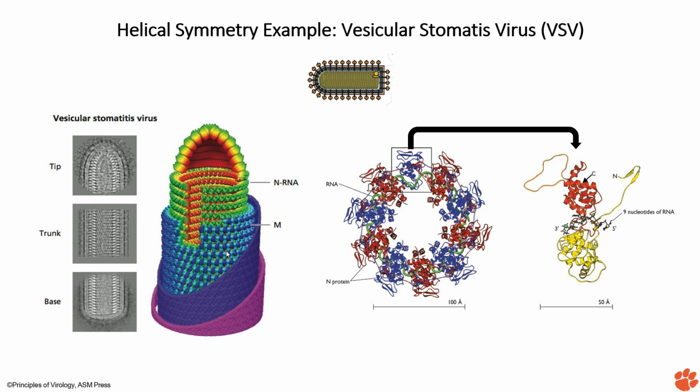You can use some mild detergent to dissolve the membrane, and you get the vesicular stomatitis virus inside core, surfaced with the matrix protein. Now, if you use high salt concentration, the matrix protein actually comes off. Because you know the interactions are electrostatic; with charged sodium chloride, the electrostatic bondings and hydrogen bondings are broken and come apart. Interestingly, as soon as the matrix protein comes off, that bullet-shaped structure completely falls apart.